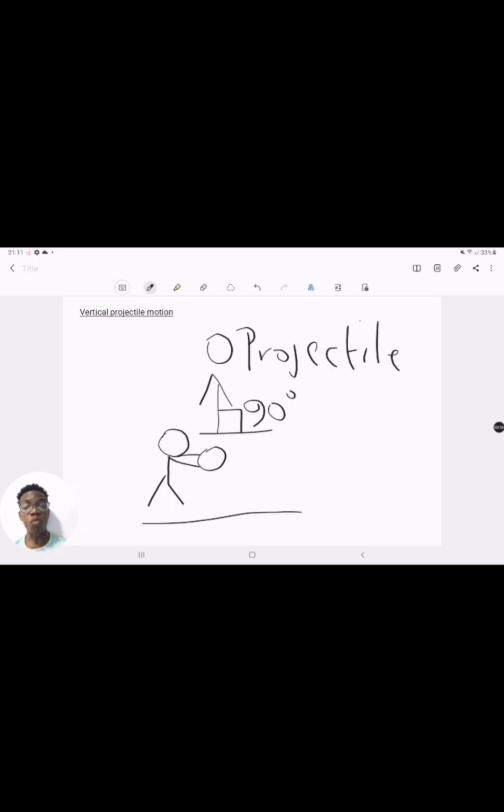Okay, and it is moving upwards, hence the motion. It is moving upwards in the vertical direction under the influence of gravity. What do I mean under the influence of gravity? I mean that the only force that is acting on this ball as it is moving upwards is its own weight. And we know from grade 11 that weight is equal to the mass of the object times the gravitational acceleration.